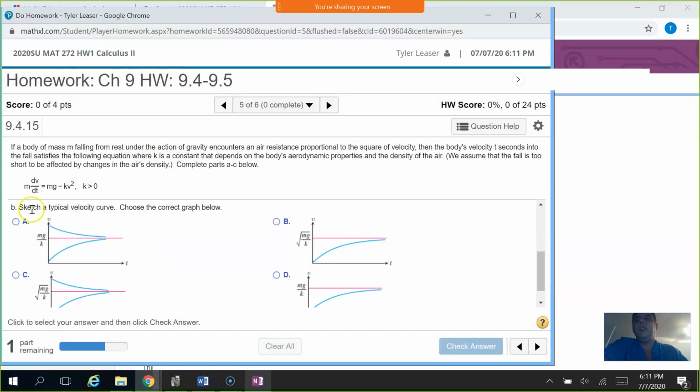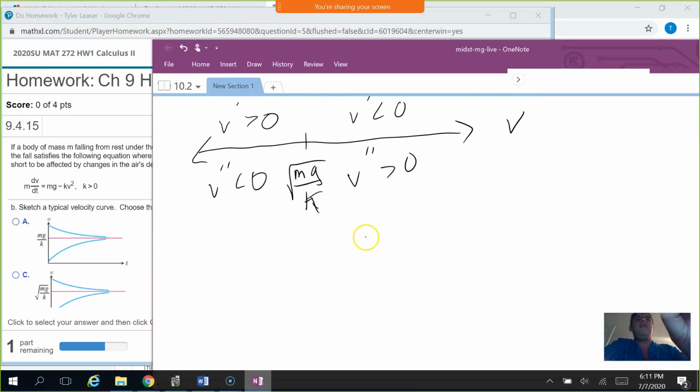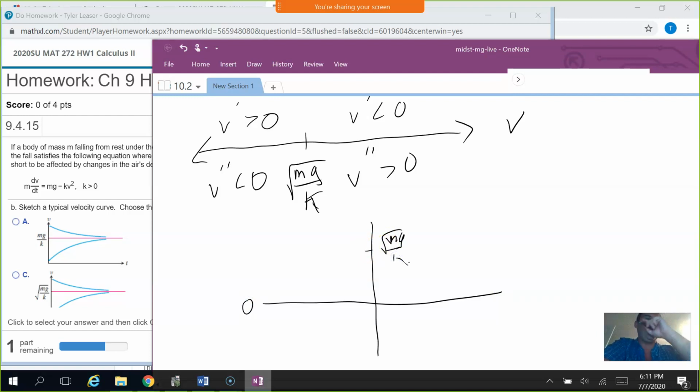So part 2, sketch a typical velocity curve. That is based on our phase line here. If we do look at the axis in this way, with 0 is here, square root mg over k can be up there somewhere. This, remember, is what we call an equilibrium value, because it's one of the critical points of the phase line.